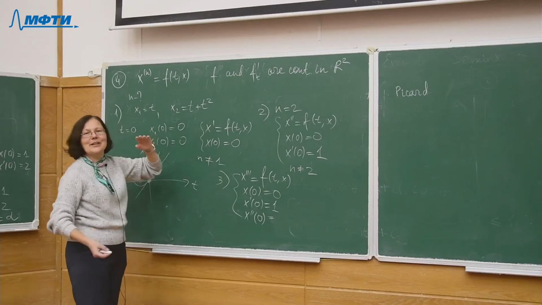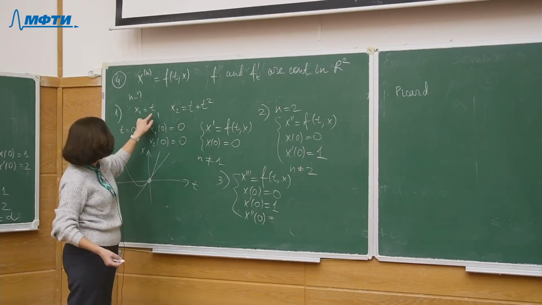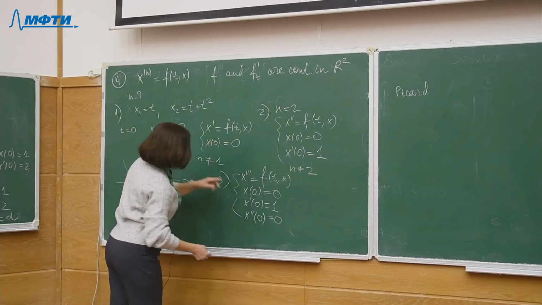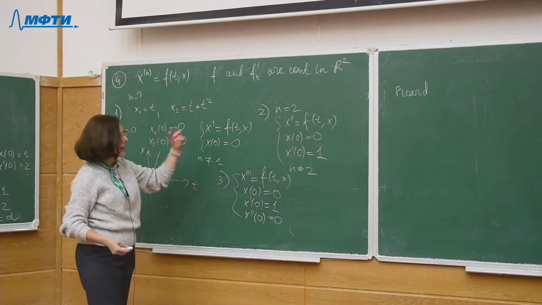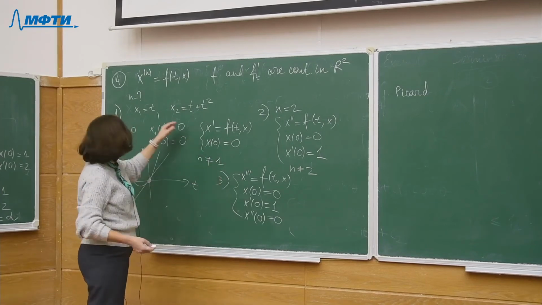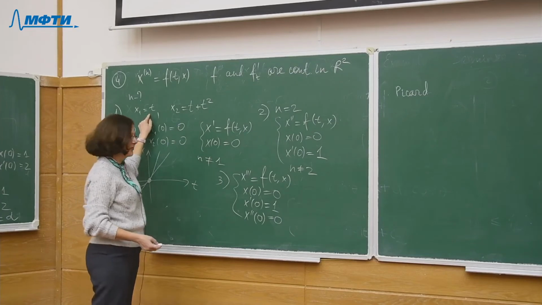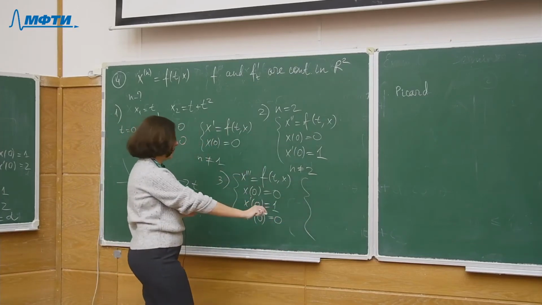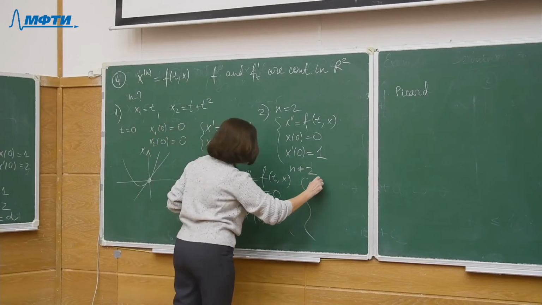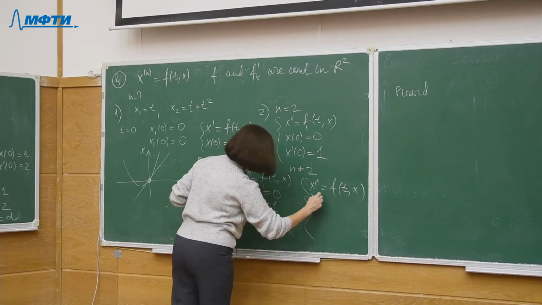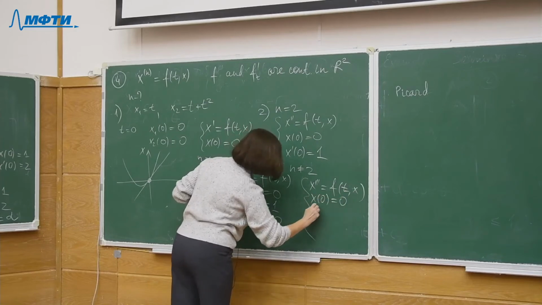If we find the second derivative of this function, we will get 0. So if we write 0, then there is a unique function satisfying these conditions, and it may be this function. If we consider a different initial value problem, x triple prime equals f of t, x, and different initial conditions.